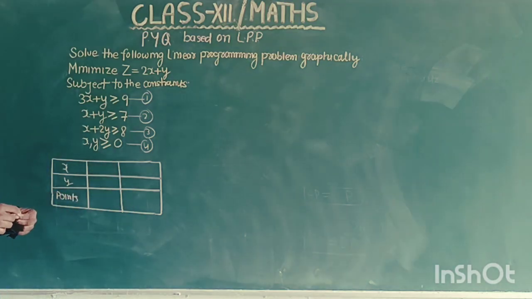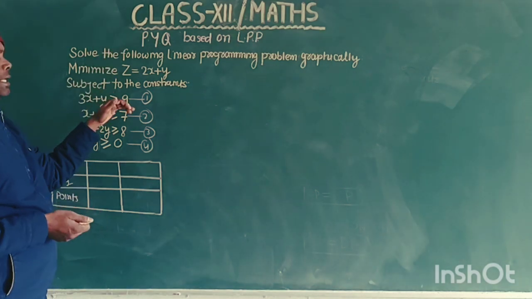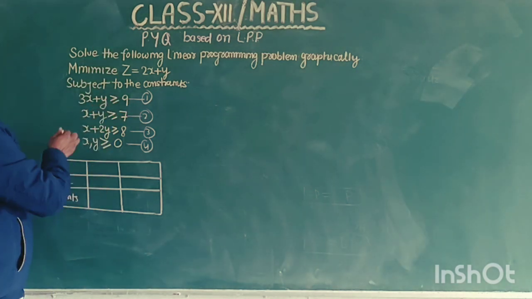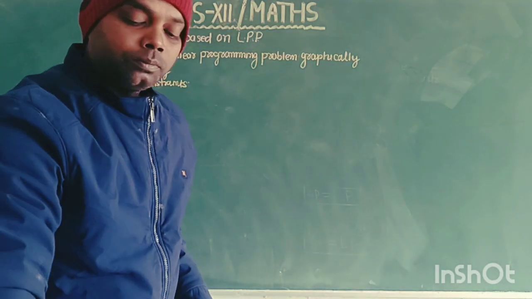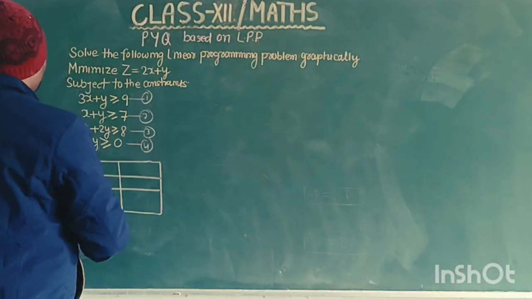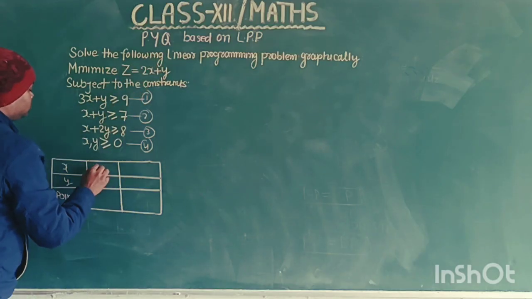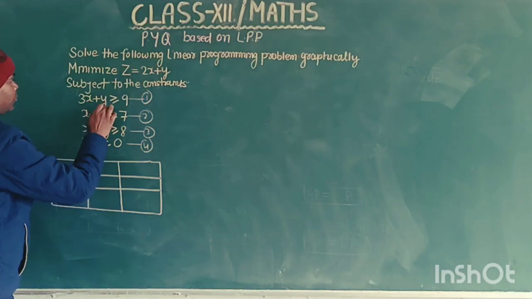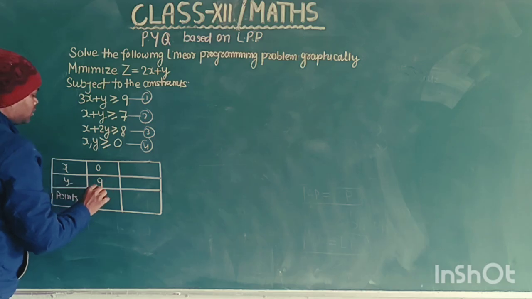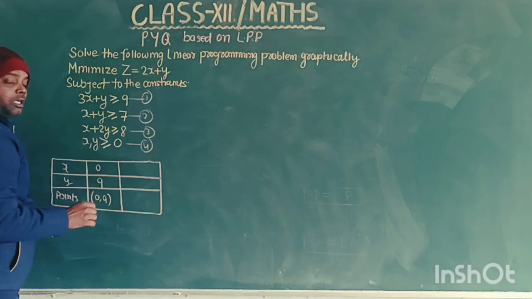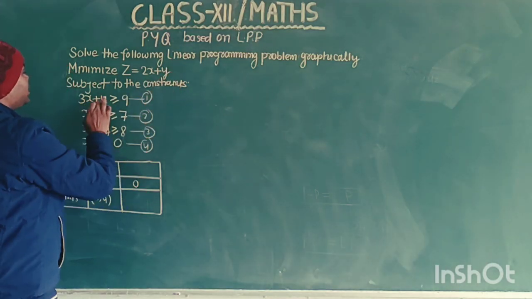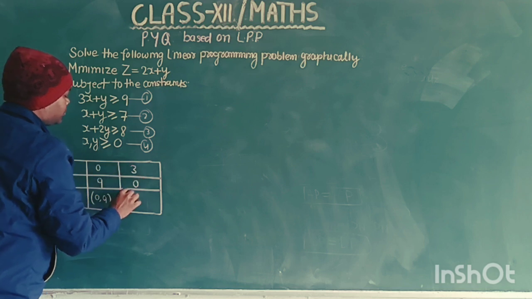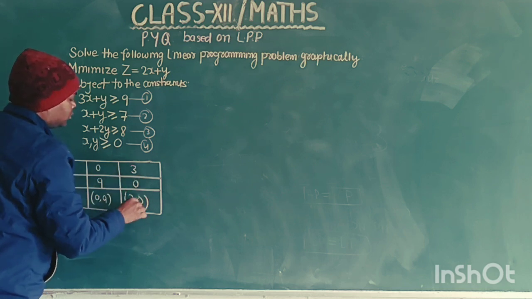Minimum 2 points are required to plot the graph of any equation. First take x equal to 0, so the value of y is 9. So the first point is 0, 9. And second, take y equal to 0, then we get the value of x equal to 3. Therefore the second point is 3, 0.